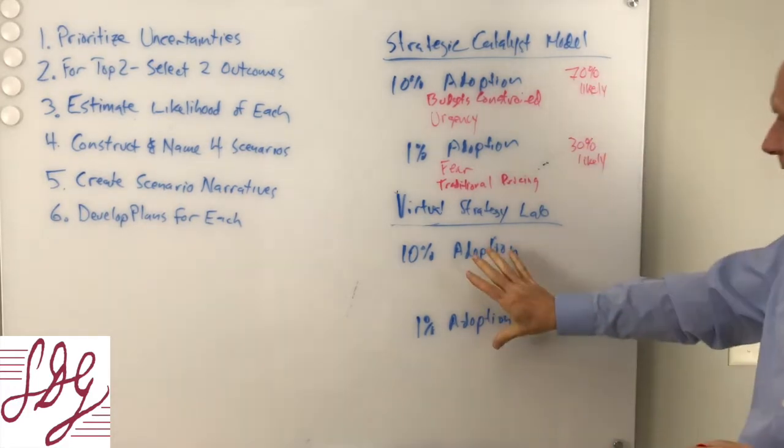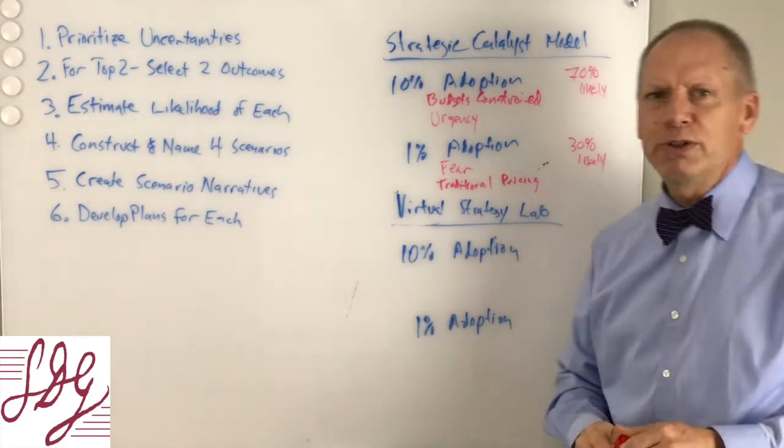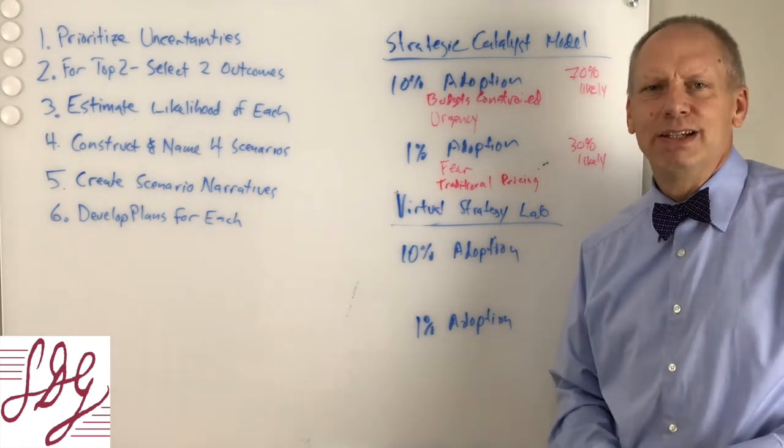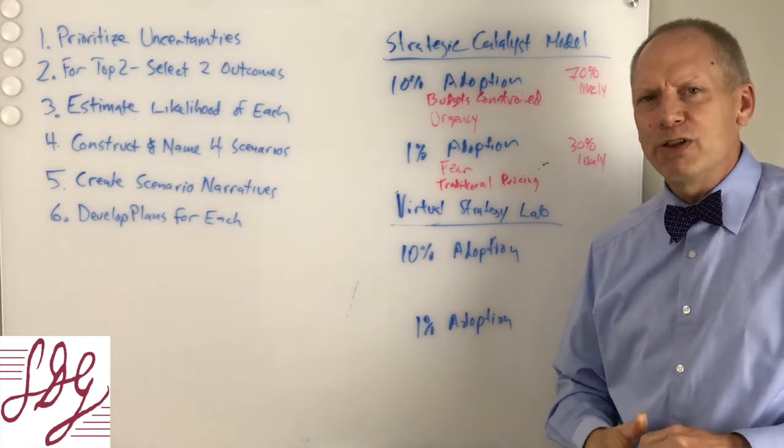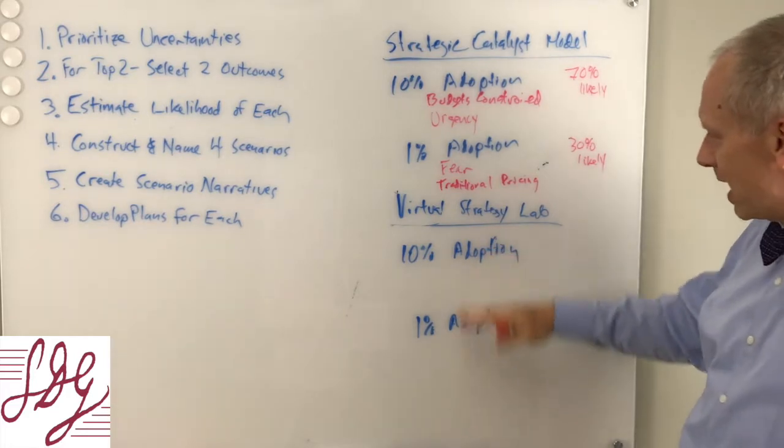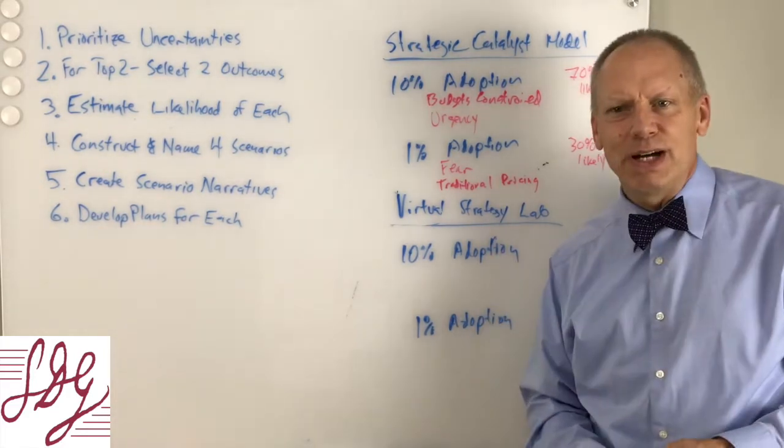Okay, so now let's move down here. On the virtual strategy lab, where do we stand? What do I think are the drivers that are going to drive us to either of these two outcomes?